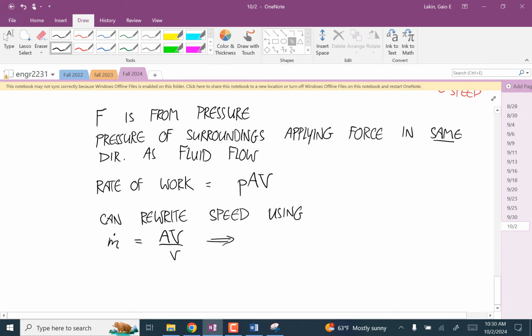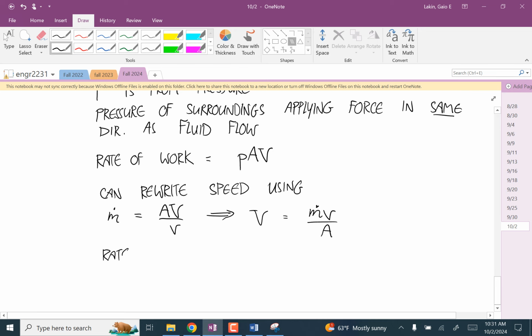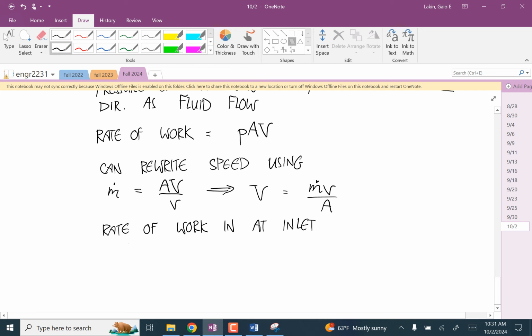And so we can calculate the speed as m dot v over A. And so our rate of work coming in at the inlet is P A m dot v over A. The A's cancel, and we get m dot P v.